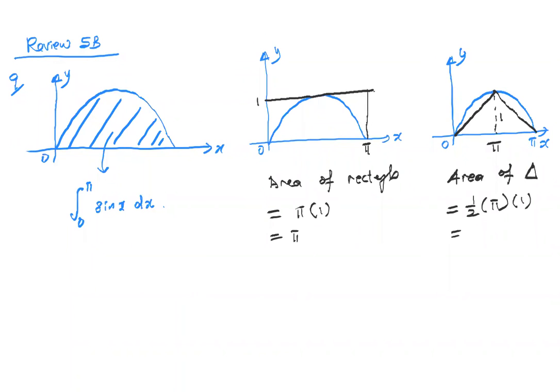So equal to half pi. So from here, I therefore make a conclusion. Integrate 0 to pi, sin x dx is less than pi, but greater than half pi. Diagram speak for itself. Clear? Okay?